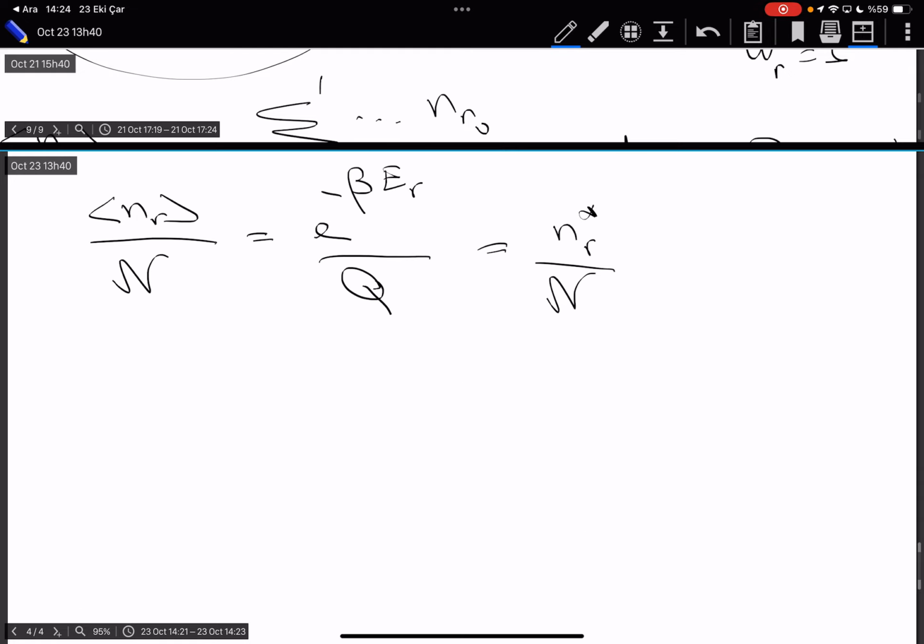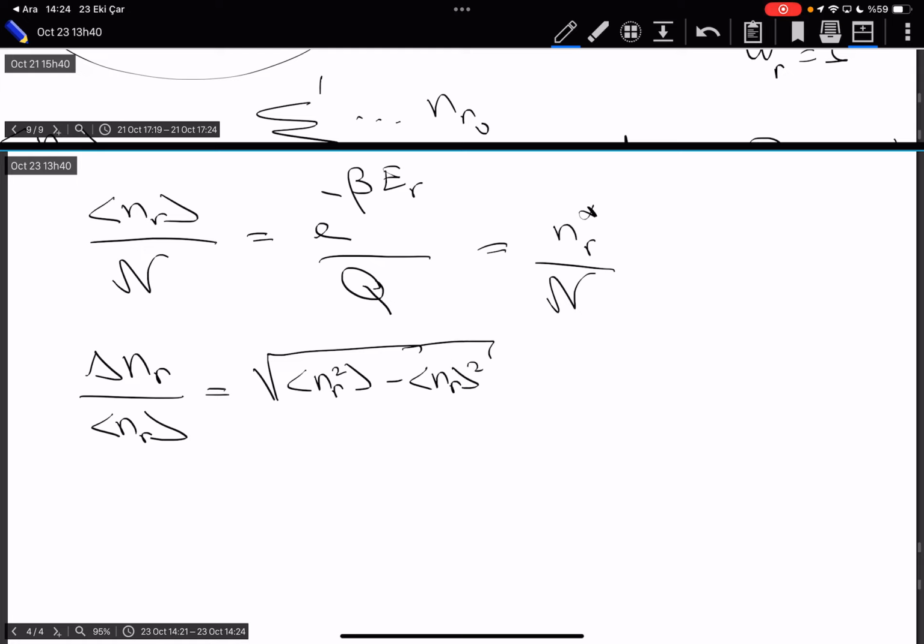Well, the next thing you can do is, what is this number, which we define as the average of the square of nr minus the average of nr squared, divided by the average value of nr.